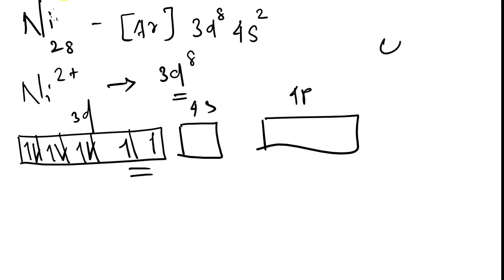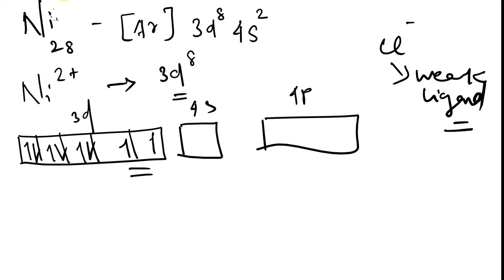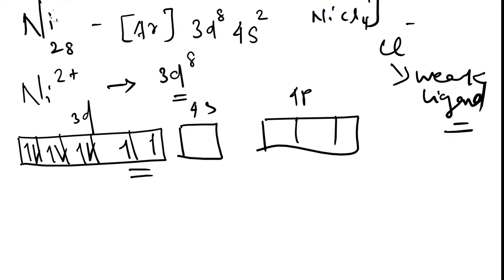So here chlorine is a ligand. Chlorine is a weak ligand. Weak ligand in the sense it does not push the electrons for pairing, so wherever the place is available, it pairs on. How many chlorines are there? The formula of the compound is K2NiCl4, so 4 chlorines are there.